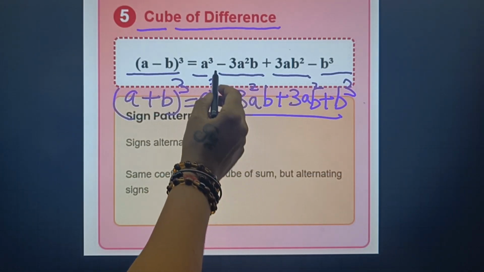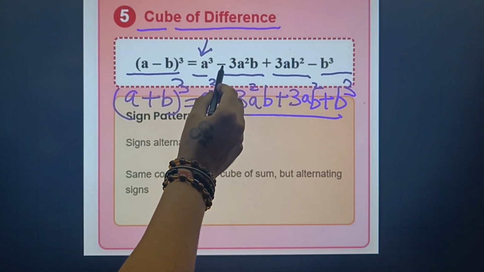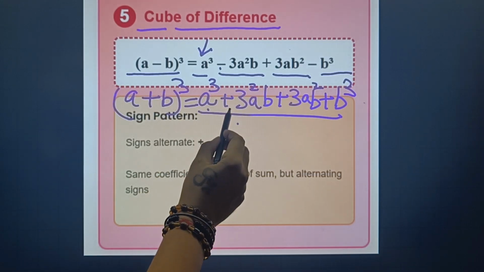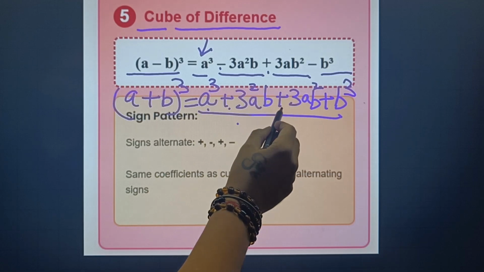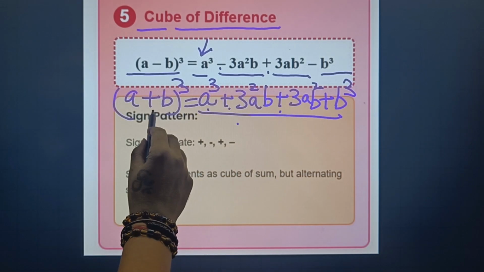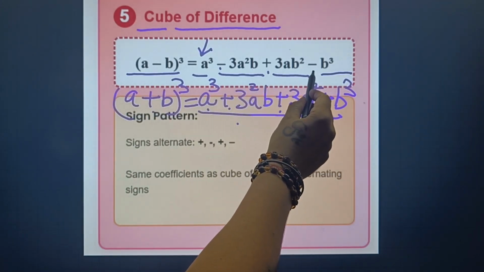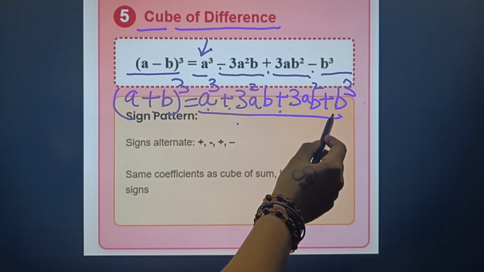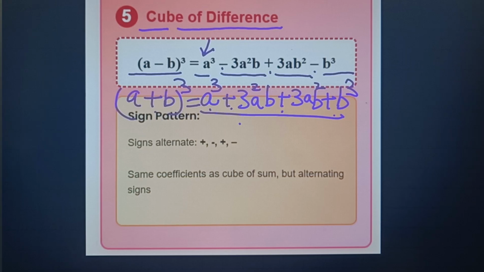That means the first one is positive, that is a cube, then the next one is negative here, then again it is positive, which was the same in our previous identity of a plus b whole cube, then again it is negative, there it was positive b cube. Now let's understand this identity with the help of an example.